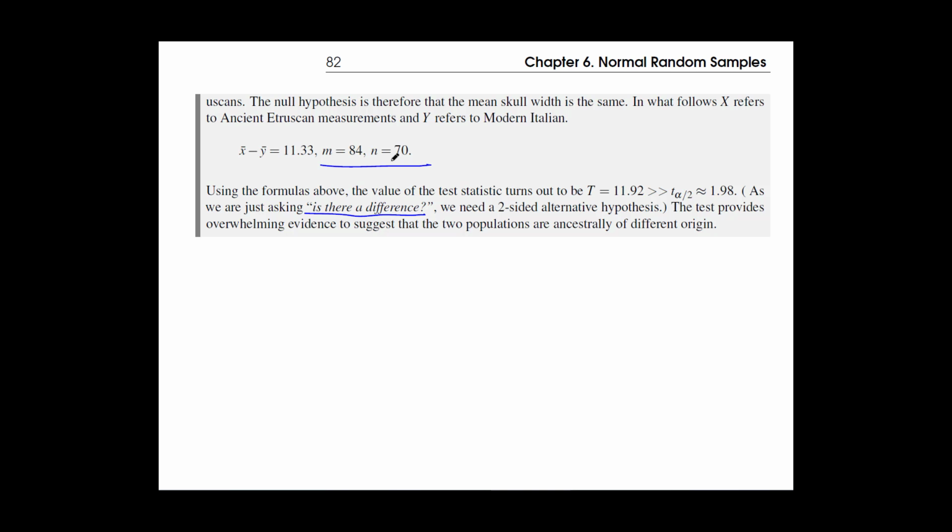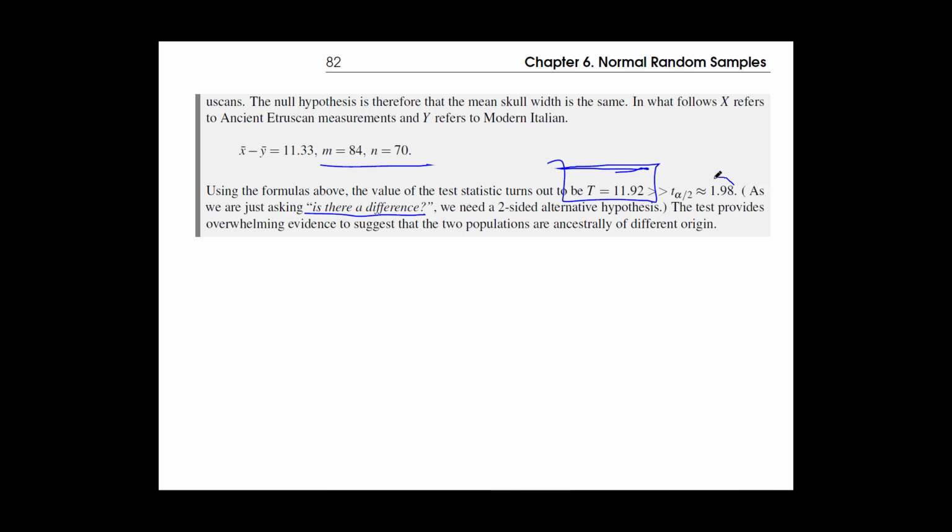Okay? All right, and it turns out that if you apply the formula that we just saw, you would obtain 11.92. And that you have to compare with the t-value of 152 degrees of freedom. Okay? Now, we saw that the t-distribution with more than 30 or so degrees of freedom is like the normal distribution.